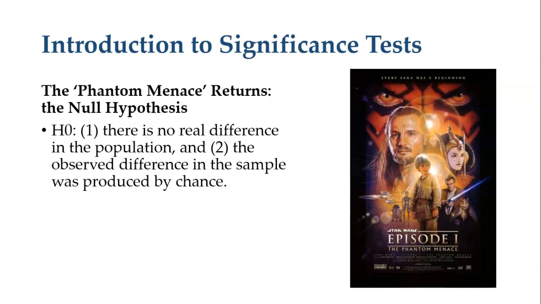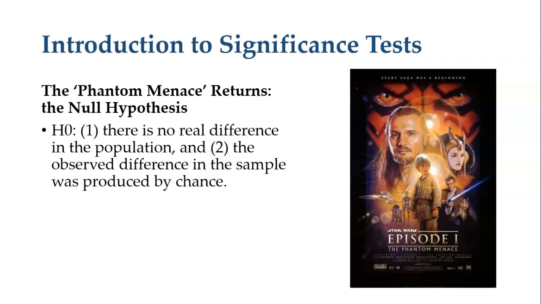Okay, so the first thing that we need to tackle when we are conducting inferential statistics is to debunk this thing called the null hypothesis. The null hypothesis states that there is no real difference in the population.